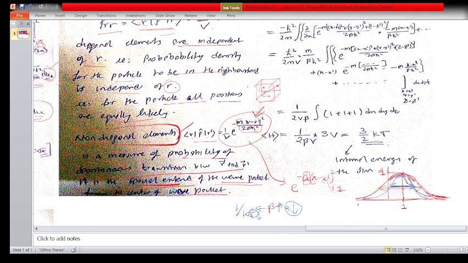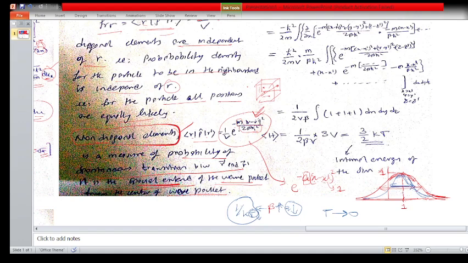And if you take temperature approaching 0, 1 by kT, what will happen to this value? This value will become infinity, or it is approaching infinity. When it approaches infinity, this denominator will be approaching that infinity, and 1 by that infinity will give you approaching towards 1.